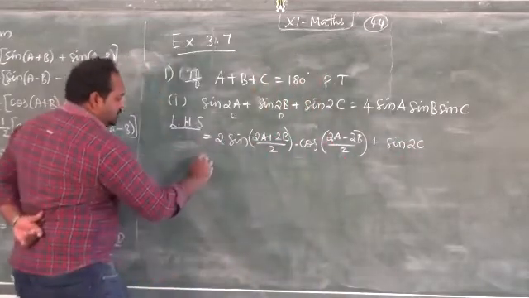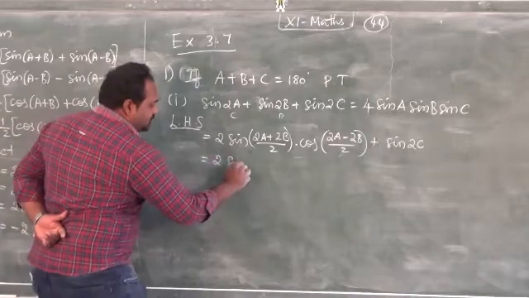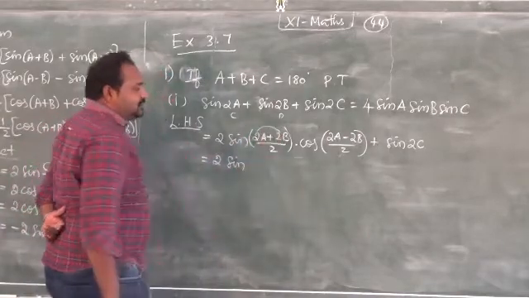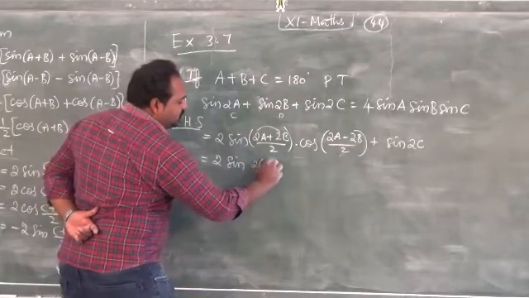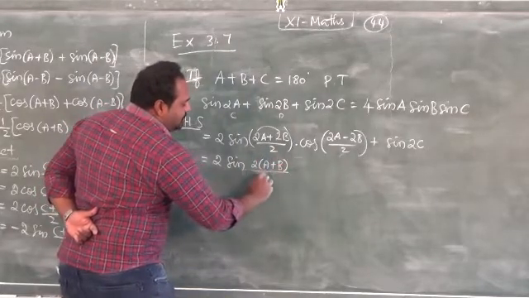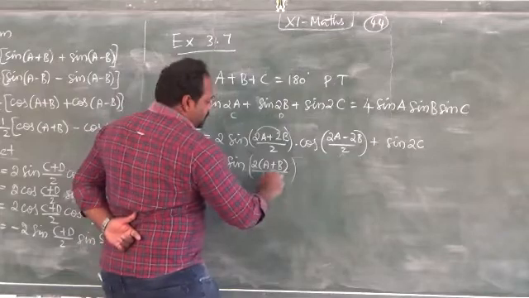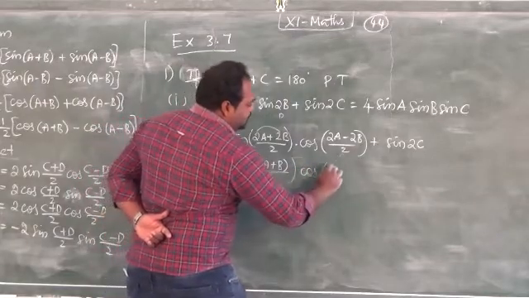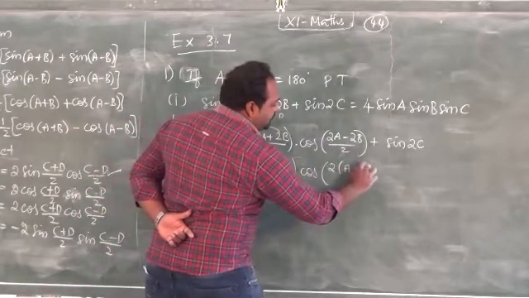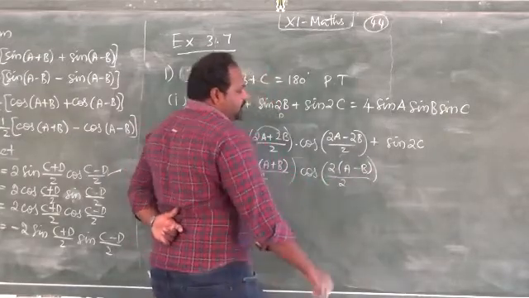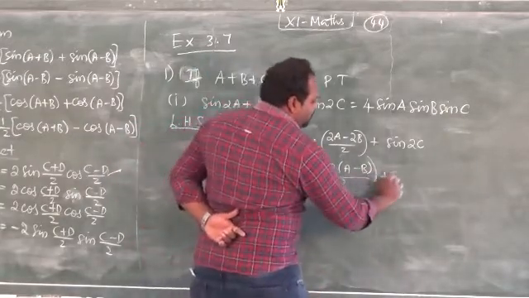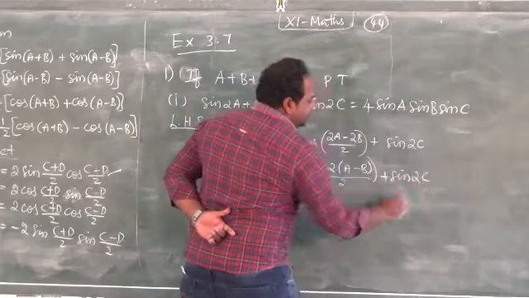Now, here we have 2 common, no? If you take 2 commonly outside, it will be 2 sin of (A plus B) by 2, into cos of (A minus B) by 2, plus sin 2C.